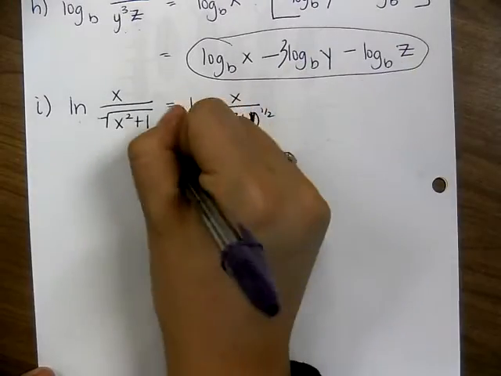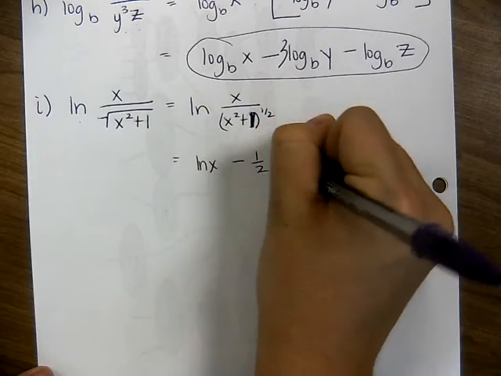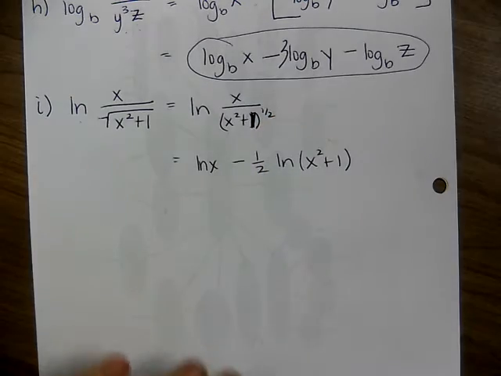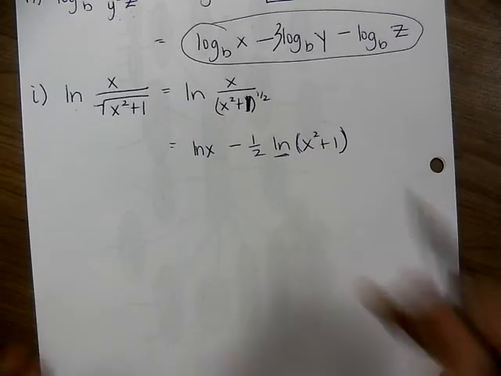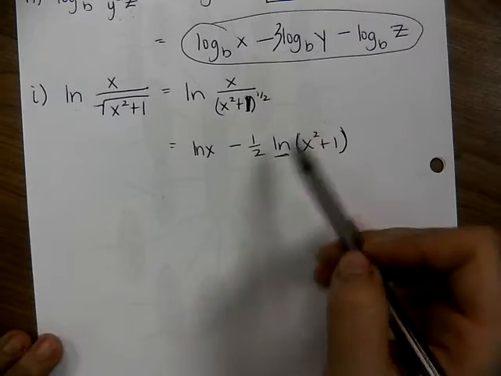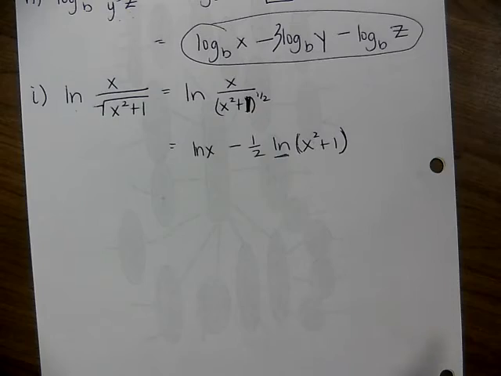So you would write this one as the natural log of x minus 1/2 the natural log of x squared plus 1. This is the only time you're allowed to have parentheses in your final answer, because you've got to tell me that this entire piece is with that natural log. Otherwise, it's read as 1/2 natural log of x squared, and then just add a 1.